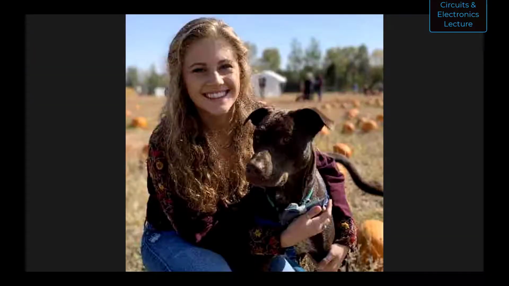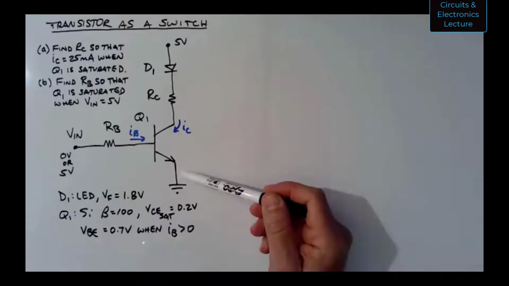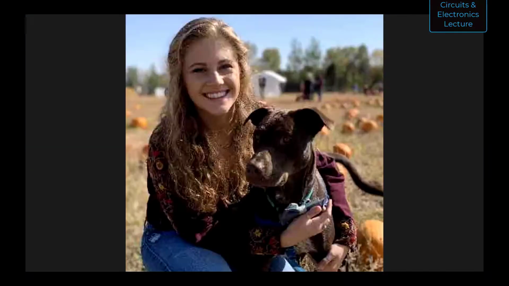Professor McCurdy, is the ground always at that emitter? It doesn't always have to be at the emitter. In the circuits we're going to work with, it's going to be very common for it to be at the emitter. Okay, so if it doesn't say, we can just assume that that's ground?